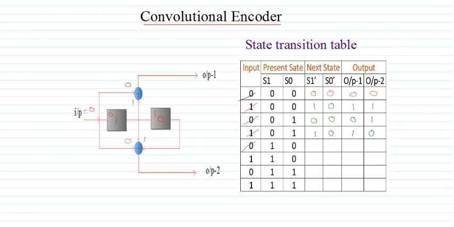The moment this 1 enters here, the content of that will be shifted here. So now we have the next state as 0 and 1, and the outputs are 0 plus 1 is 1, 1 plus 0 plus 0 is a 1. So I have a 1 1.